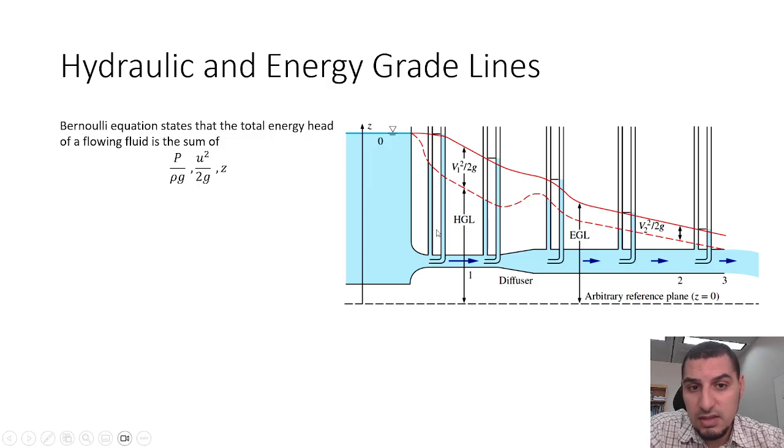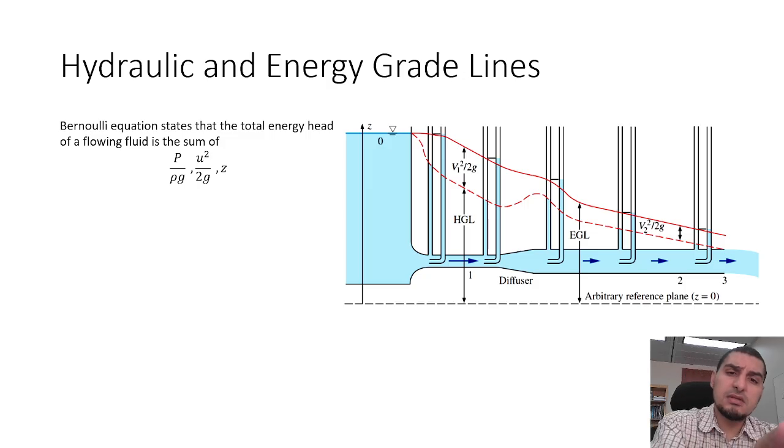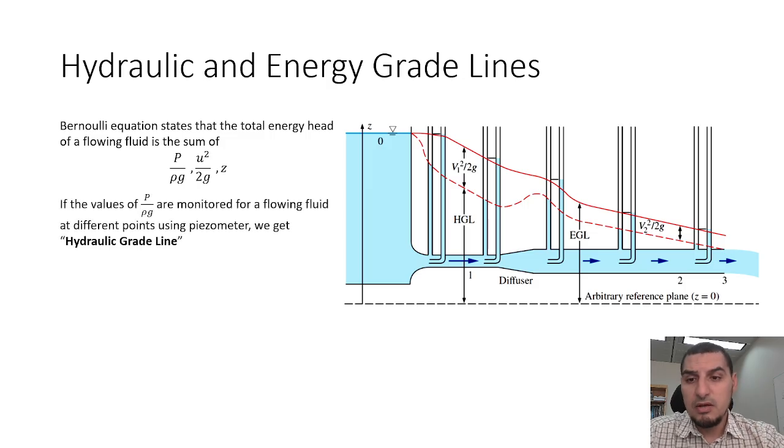So the height here indicates both the kinetic energy and flow work, while this indicates only the flow work, or the pressure and u square over 2g, depending on what units we are using. So if we put these pitot tubes and piezometers at different points on the pipe, we can visually monitor how the pressure and the kinetic energy are changing from one point to another.